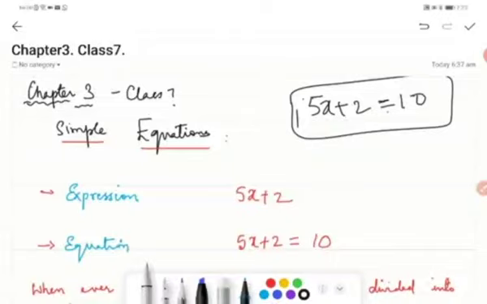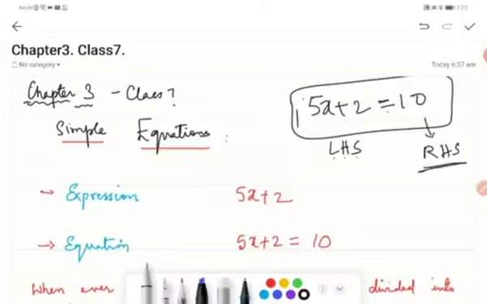On this left side it is the LH side, that is left hand side, and this part you call the RHS side, that is right hand side. Okay, you have already learned simple equations in your class 6, isn't it? So in this we are going to solve some further types of equations.